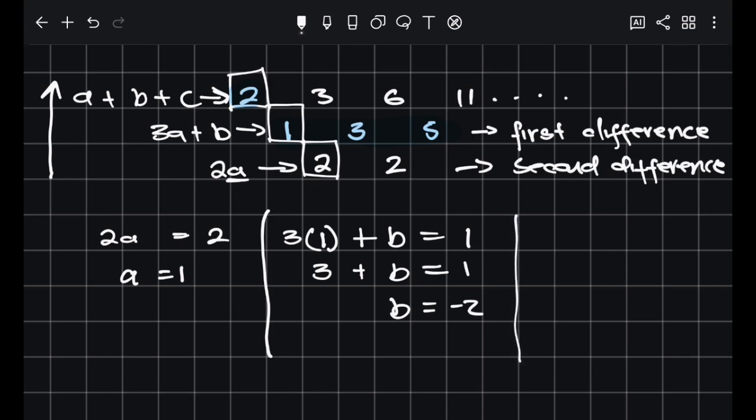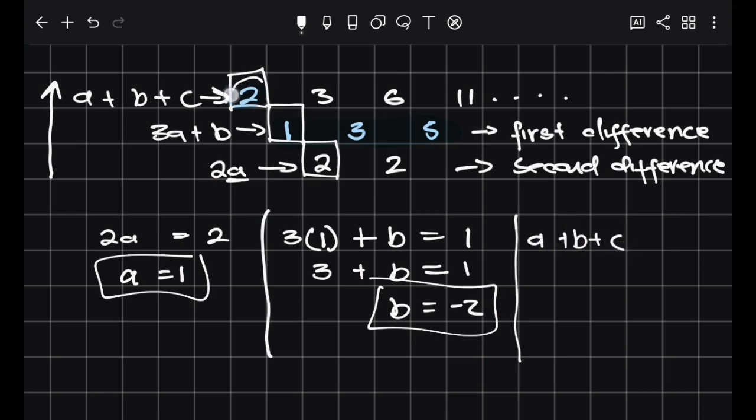So now we have the value of A and the value of B. We are left with one unknown. That unknown is C. And we know an equation that says A plus B plus C is equal to this first number right there, which is 2. So we equate that to 2.